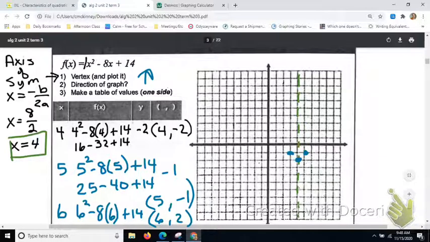So 6, 2. So 6, 2 is here. If my iPad will let me draw a dot. And then that's 2 away from the axis of symmetry. So 2 away the other side also has a point. And then I try to connect these.